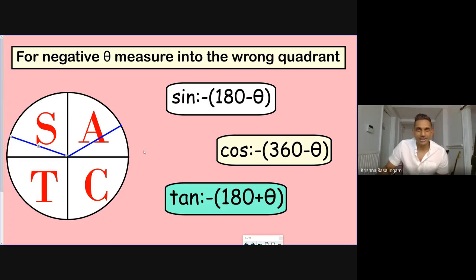So for negative, we measure into the wrong quadrant. Let's say we're dealing with sine, with theta. If I follow my own advice, I think that would be the wrong quadrant, and that would be the wrong quadrant.